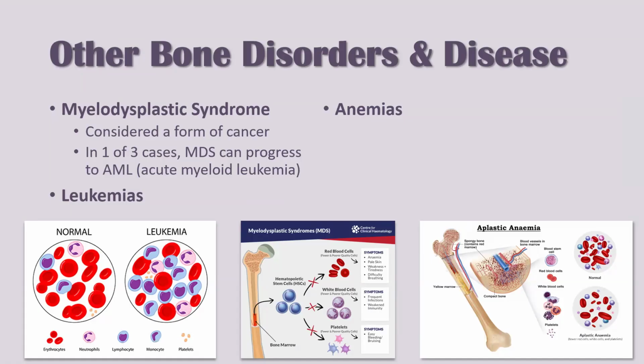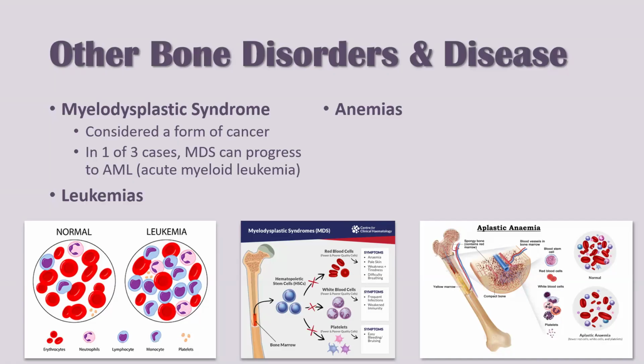And first is a condition called MDS or myelodysplastic syndrome. This occurs when the stem cells that are supposed to grow into healthy blood cells don't do it correctly. And I think you can see that in that second picture there.